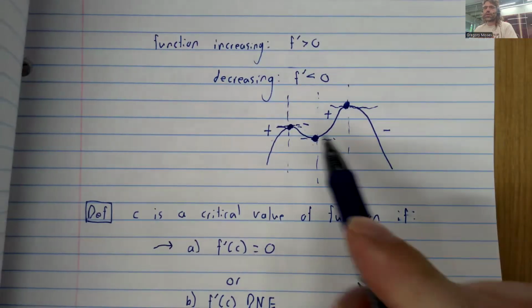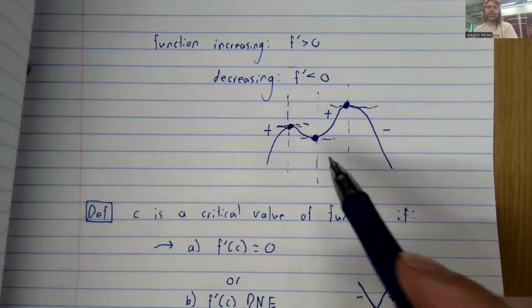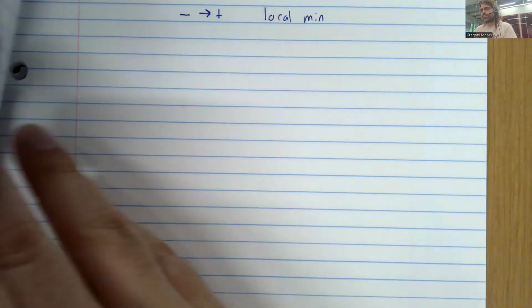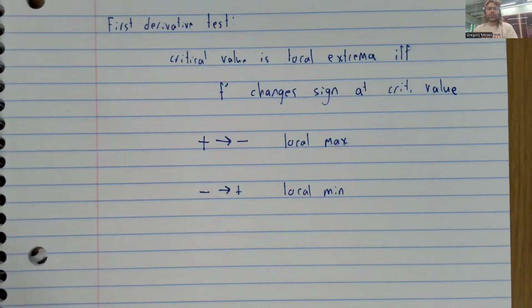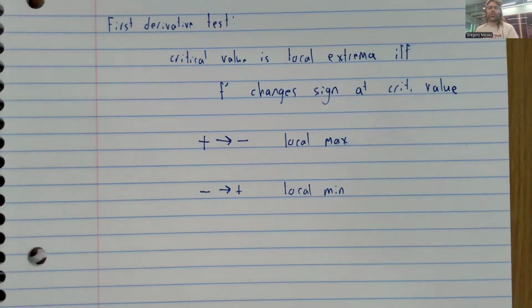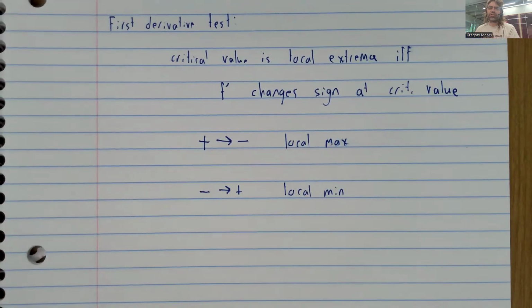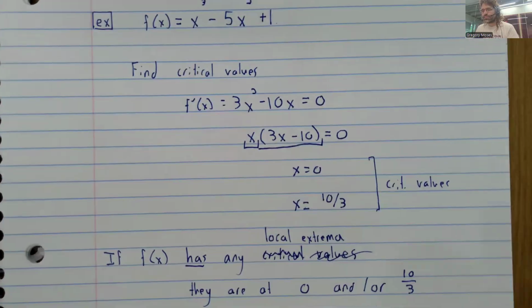Now, here it's all very well because we have a graph. If we don't have a graph, then how do we know whether the derivative is changing sign? How do we know whether it's going from negative to positive or positive to negative?